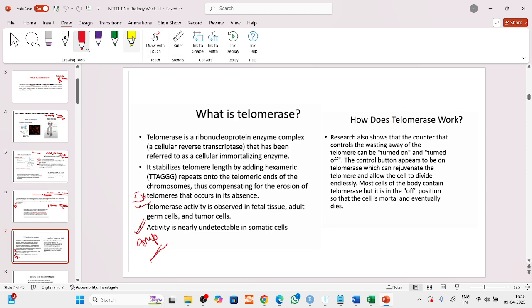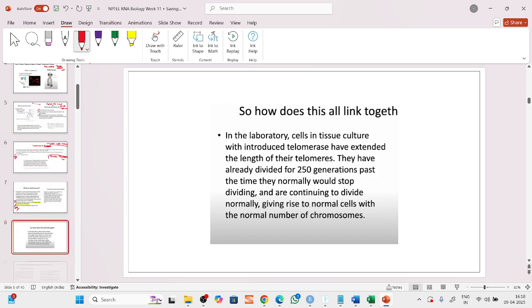See, these are the things: fetal tissue, adult germ cells, and tumor cells. So in these places, the activity of the telomerase enzyme is on.